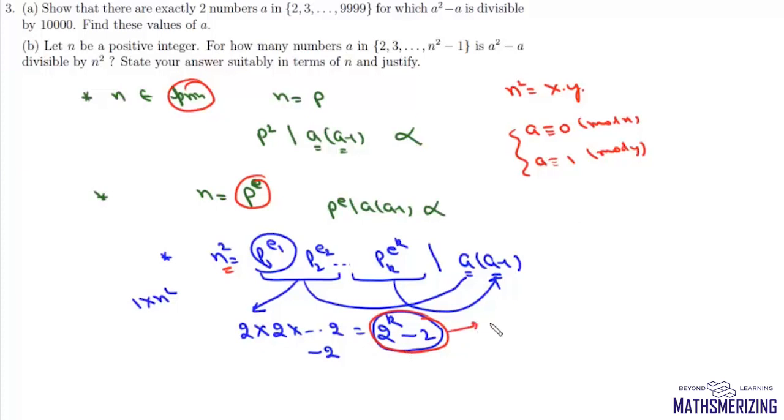In each case, there will be one value of a possible. So the answer to this question is, if n is prime, then there is no such a possible. If n square is of the form p1 to the power e1, p2 to the power e2, up to pk to the power ek, then the number of values of a possible is 2 to the power k minus 2.